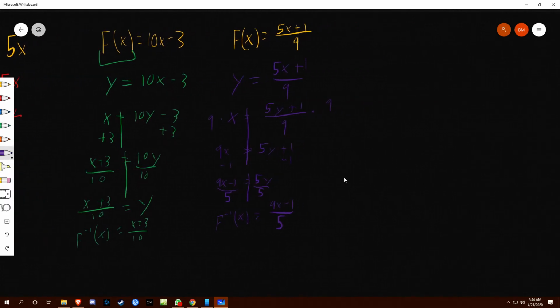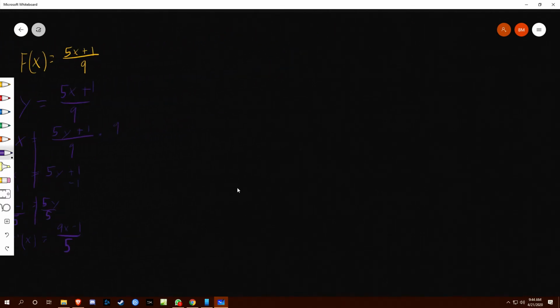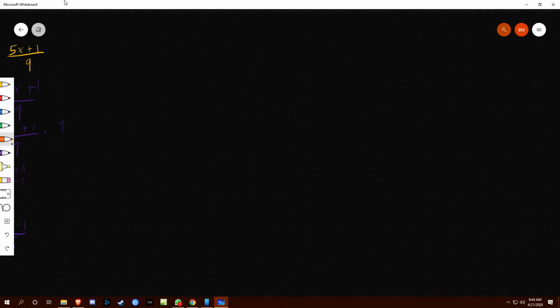Excellent. Now, the last thing that we'll talk about is if we are given ordered pairs, and I'll just write down a couple quick ones. If I'm given ordered pairs, we'll say 1, 3, negative 2, negative 1, 7, negative 2. These are all ordered pairs of my function f of x.